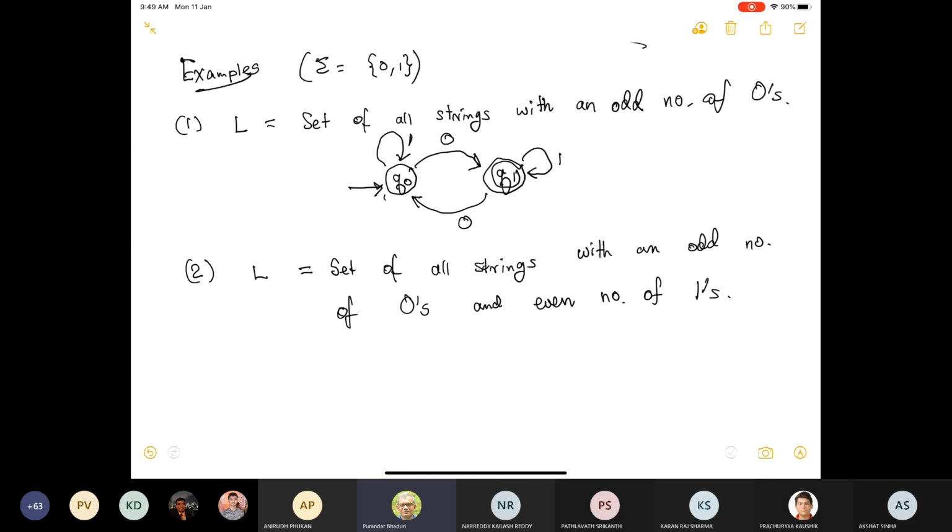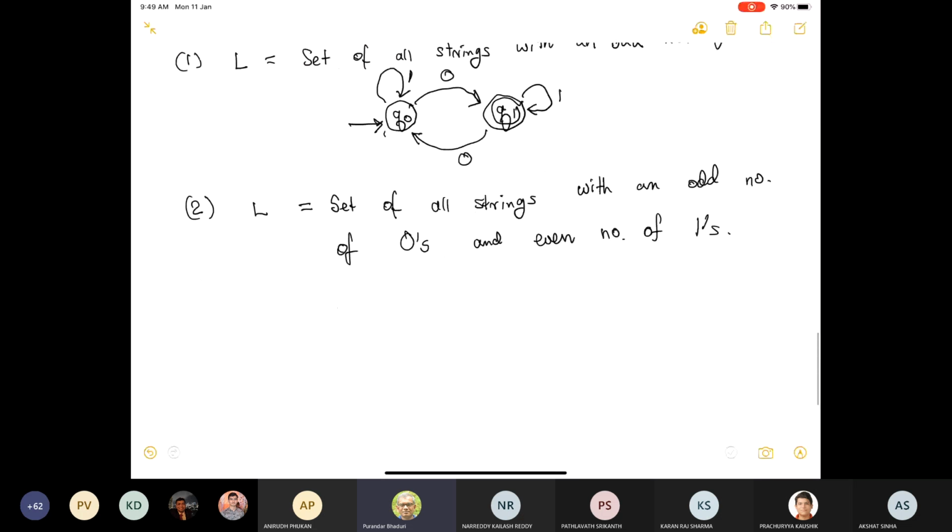Okay. So what we have to do here is make two copies of this machine.